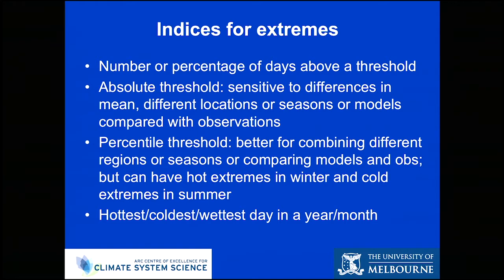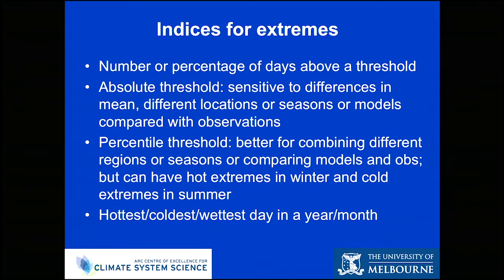Or if you're talking about thresholds like frost days, days below 0 Celsius, or days below 2 Celsius, they're much more likely in winter, as we're discovering in Canberra. So it's important to think about, when you're talking about these indices, whether you're looking at absolute thresholds or percentile thresholds.